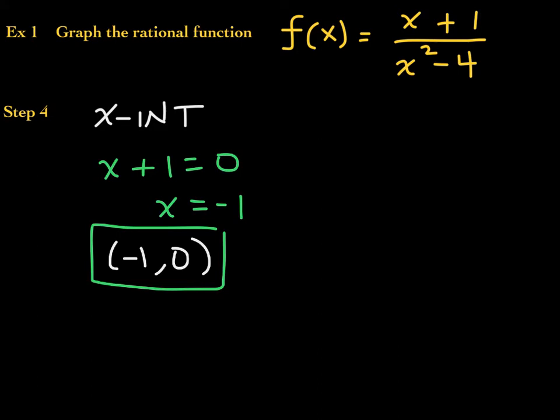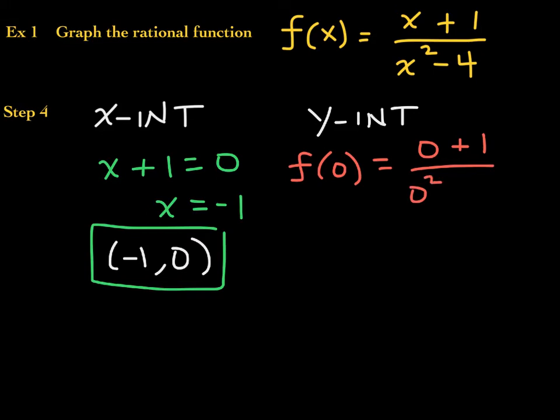Now let's find the y-intercept. You always only have one. The way we find our y-intercept is by plugging in 0 for x. So evaluating f of 0. So you're going to have 0 plus 1 over 0 squared minus 4. This turns out to be negative 1/4.